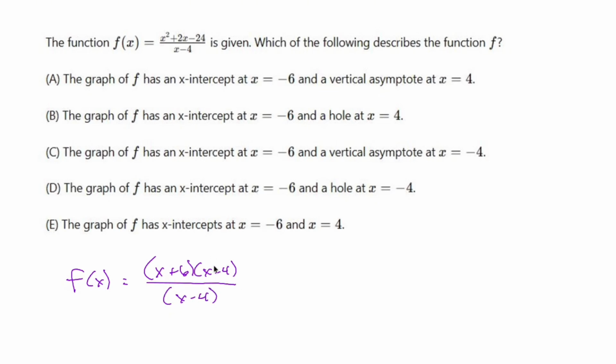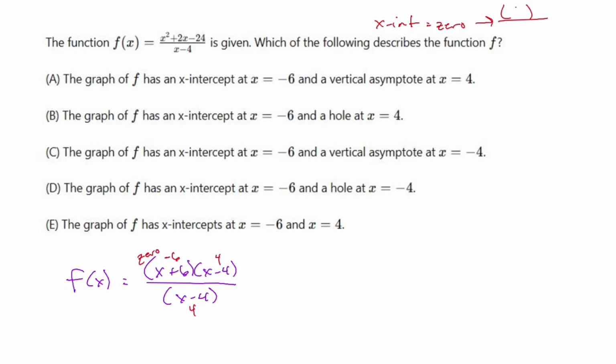Whenever you have a rational function like this, you're looking for three things. First, a 0, which by the way, x-intercept and 0 are the same exact thing. A 0 exists when you have just a factor upstairs and nothing like it downstairs, and that happens here. My magic numbers are negative 6 because that makes this factor 0, and positive 4 because that makes this factor 0. Since this factor up here is all alone by itself, it is a 0.